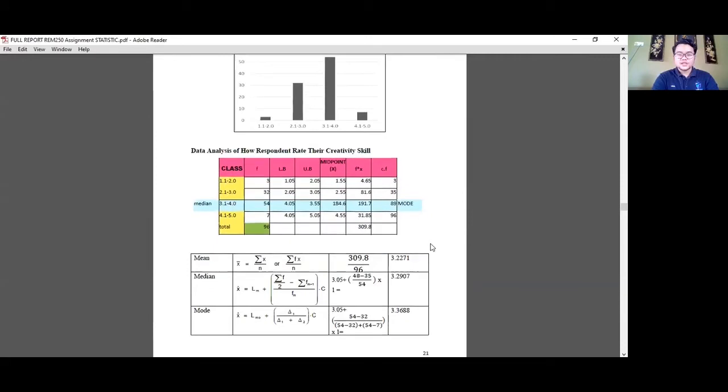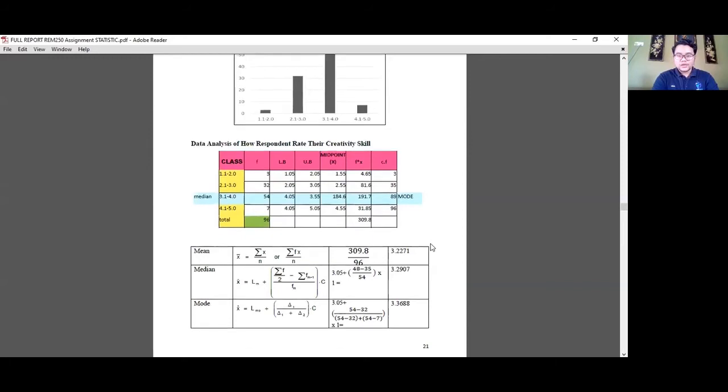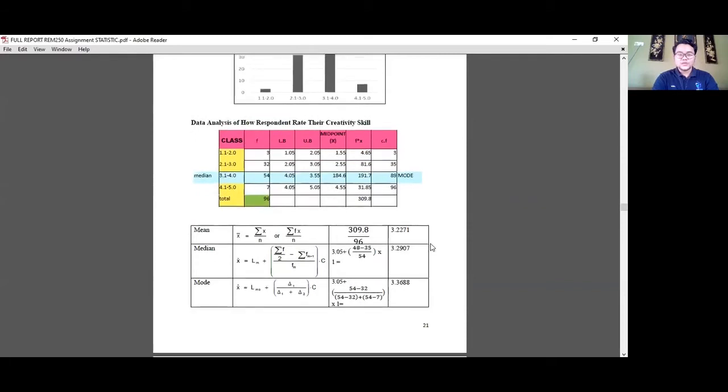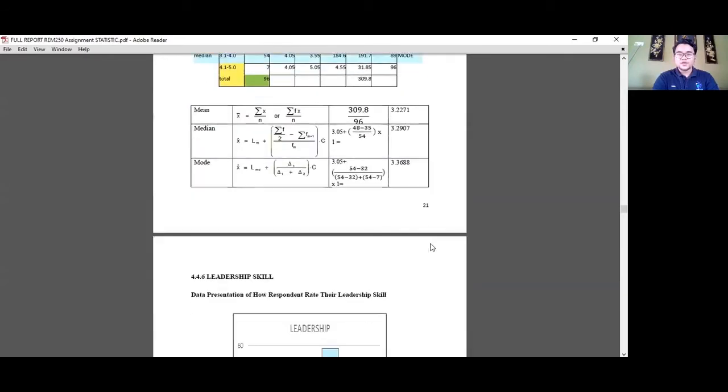For the mean, by using the formulas given, we get a total mean of 3.2201. The median, using the formula, results in 3.202907, and the mode using the given formula is 3.3688. That's it for the creativity skill.